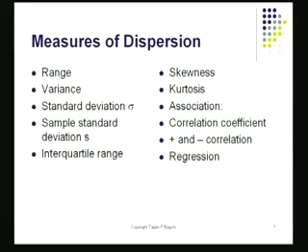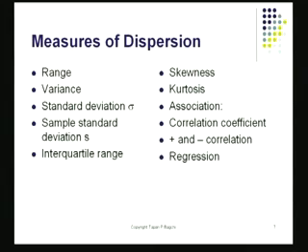Range is also a very good indicator of dispersion of the data. And of course, the measure that is theoretically most useful is the standard deviation, which is the square root of the variance of the data that you've collected. That also is something that we'll be looking at. Then we've got the population standard deviation, which is sigma, and then the sample standard deviation.